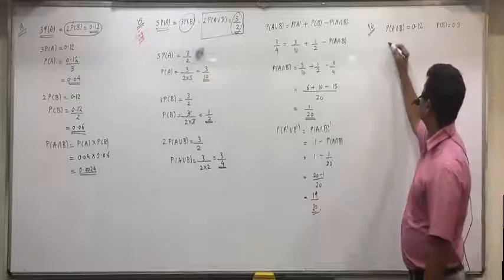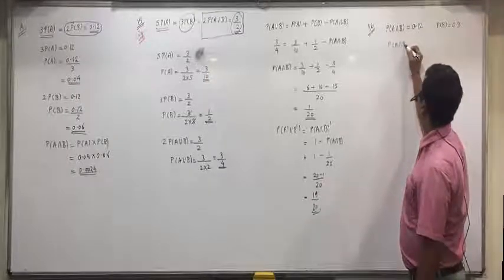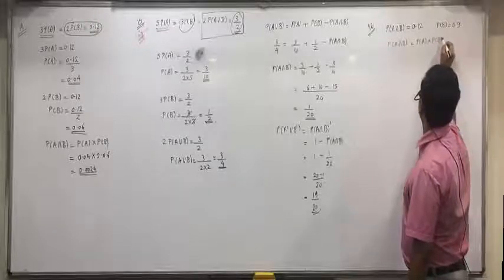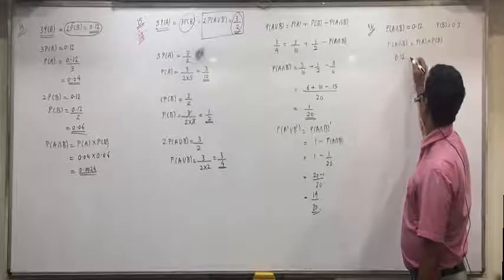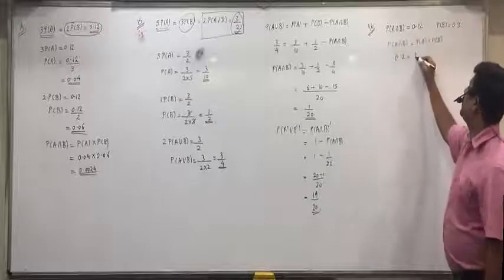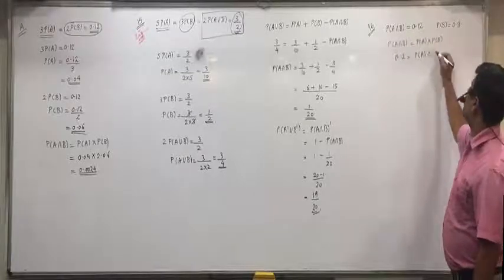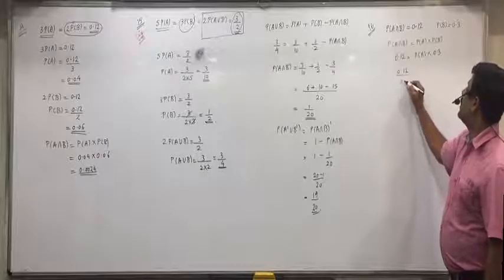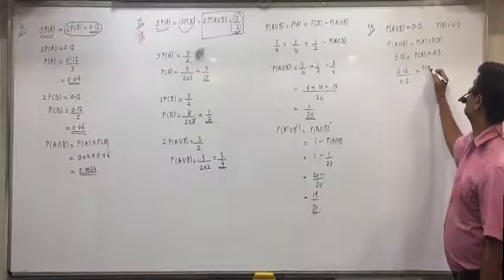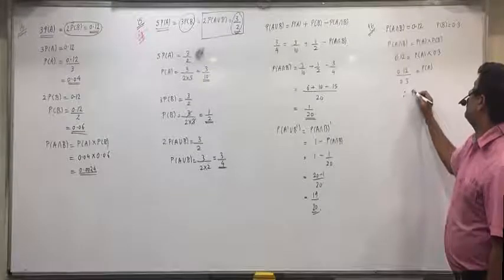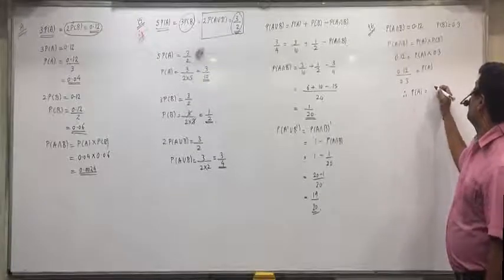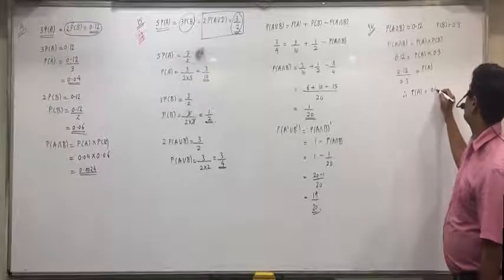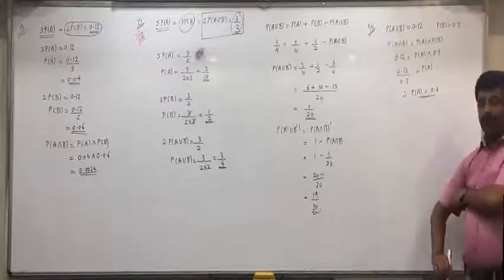First we'll find P(A). P(A intersection B) equals P(A) into P(B). So 0.12, it is given P(A intersection B), is equal to P(A) into P(B) 0.3. 0.3 on the left side will get divided. So P(A) will be equal to 0.4. Are you all clear with this?